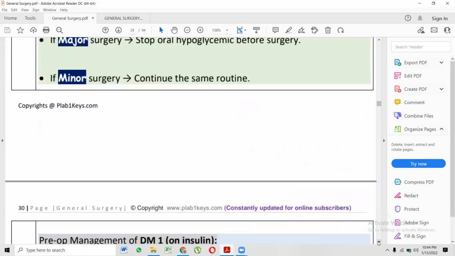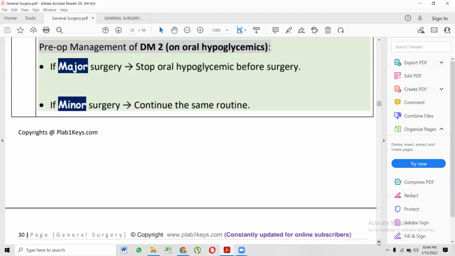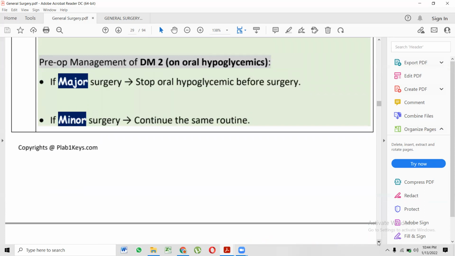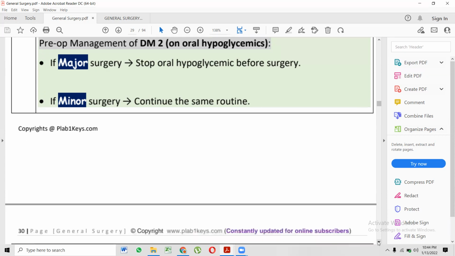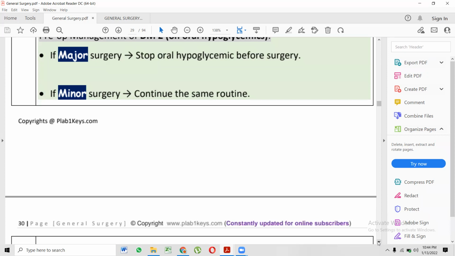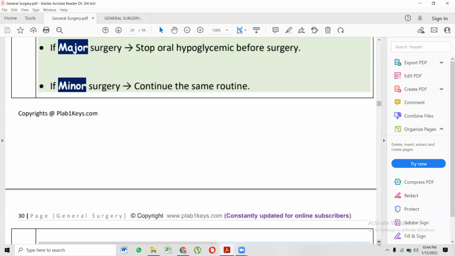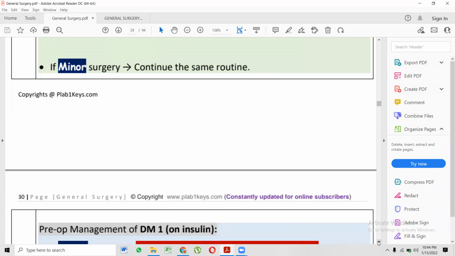So, a summary of the pre-op management of a diabetic patient. If the patient is on oral hypoglycemics, then we need to stop the oral hypoglycemic before surgery. If he has to undergo minor surgery, then he will continue the same routine.